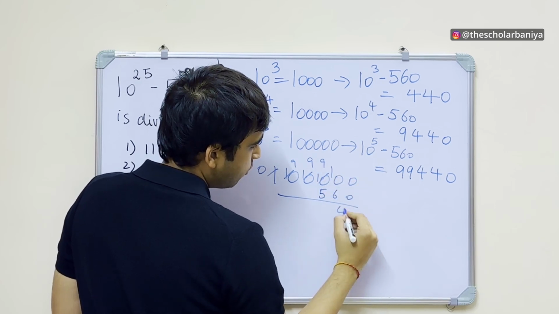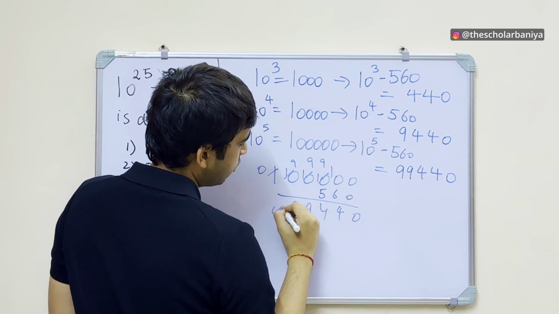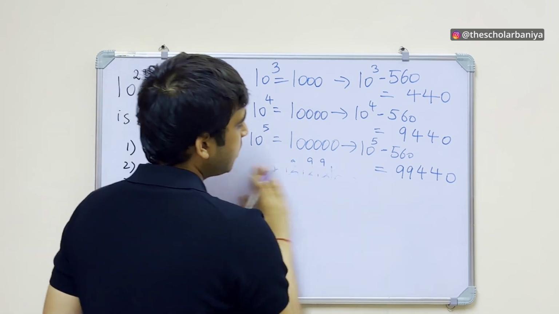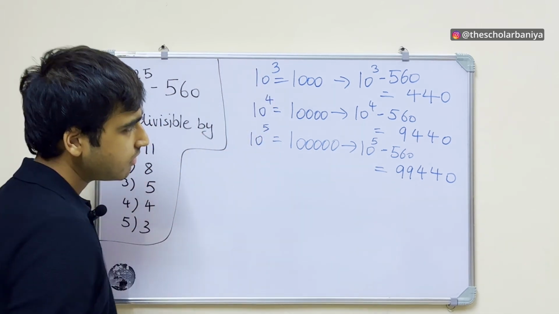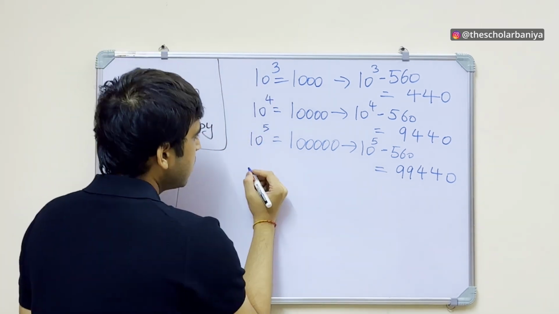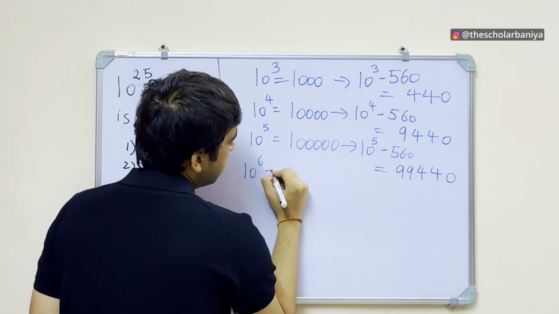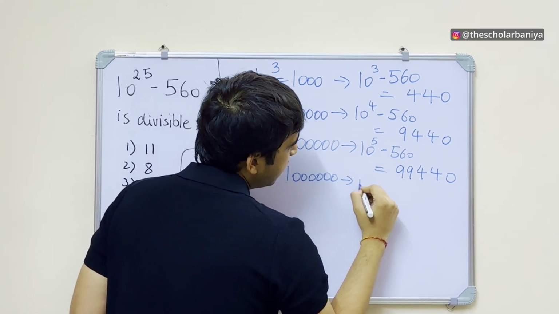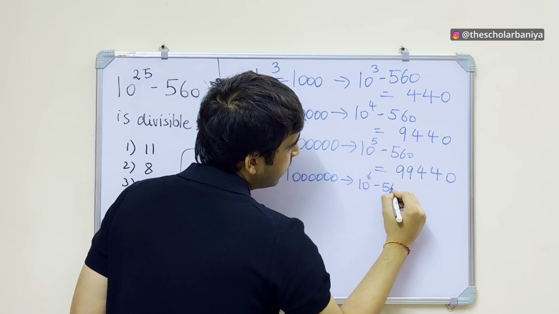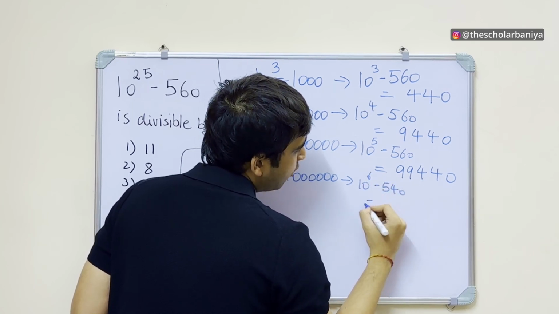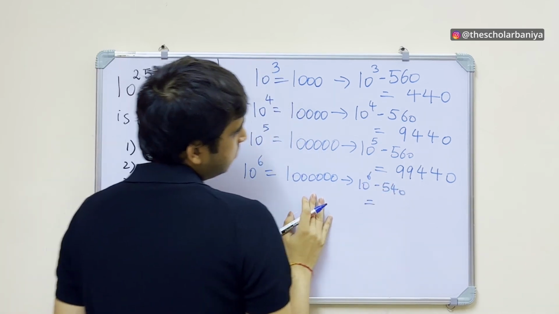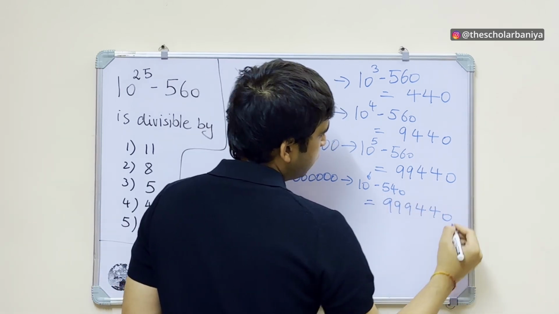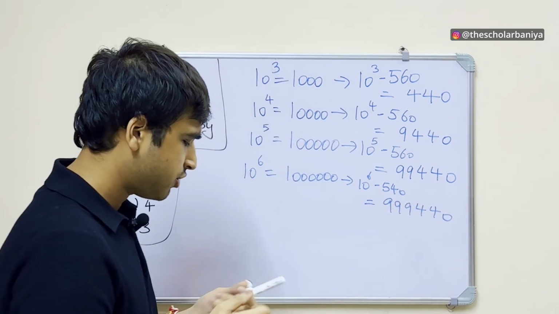I hope this should be completely fine. And let's do one more time. If you do 10 to the power 6, that is 1 followed by 6 zeros. That is 10 to the power 6 minus 560, which will be 999,440. I hope this should be completely fine.